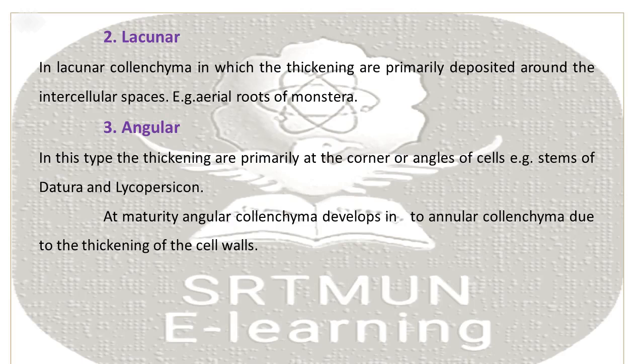In this type, the thickenings are primarily at the corners or angles of cells. Example: stem of Datura and Lycopersicon. At maturity, angular Collenchyma develops into annular Collenchyma due to the thickening of the cell wall.